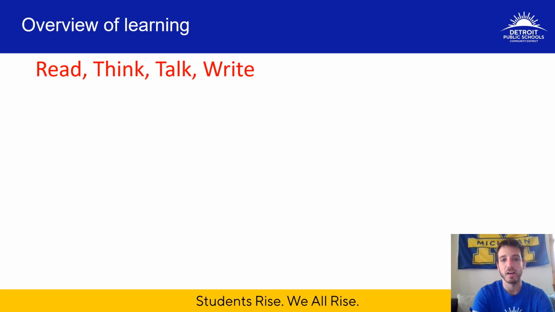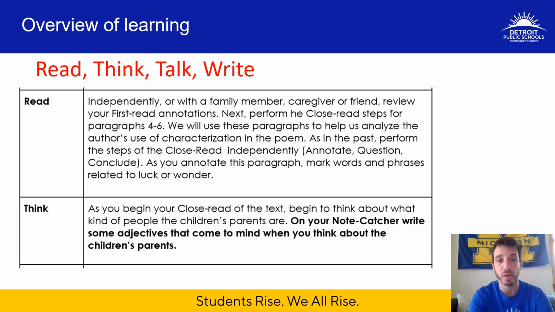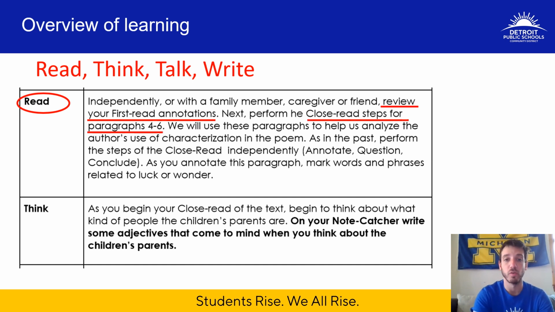For the read, think, talk, write protocol today, you're going to be doing a lot of really enriching activities. For read, first you're going to engage with a family member, a caregiver, or friend by reviewing your first read annotations. Then you're going to perform the close read steps for paragraphs 4 through 6 specifically. So not the whole entire poem, but really just focus in on paragraphs 4 through 6.